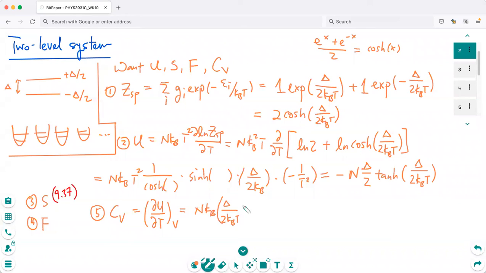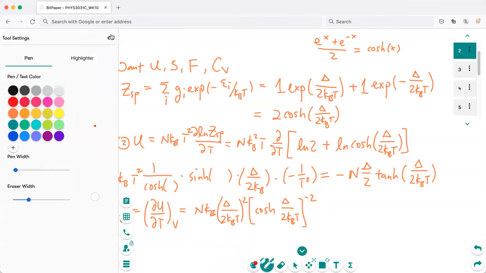You can get it right without any problem. Okay, and then you get your cosh squared of delta over 2 kBT. So please really make sure you know how to do all this. You need to really do it at least once.